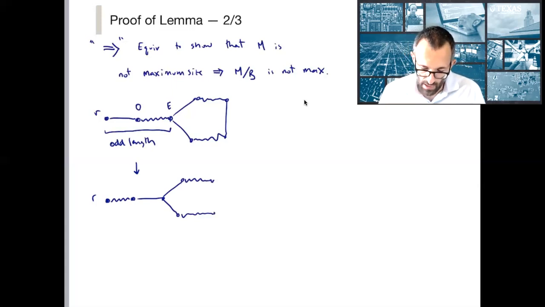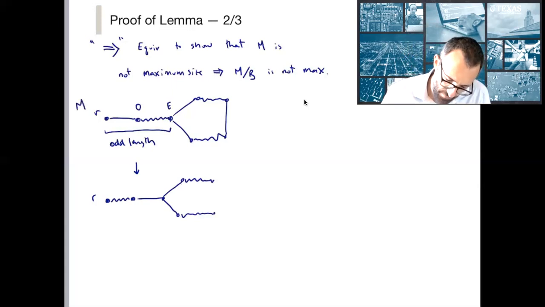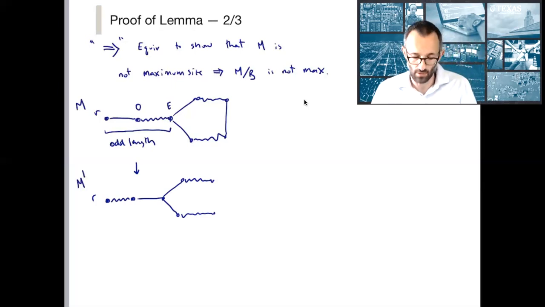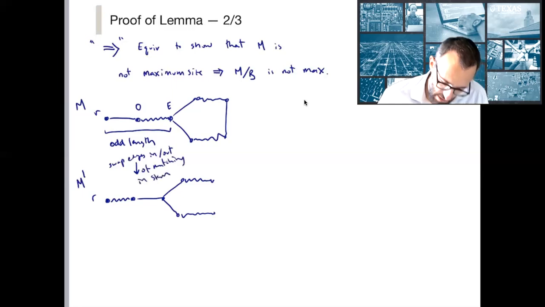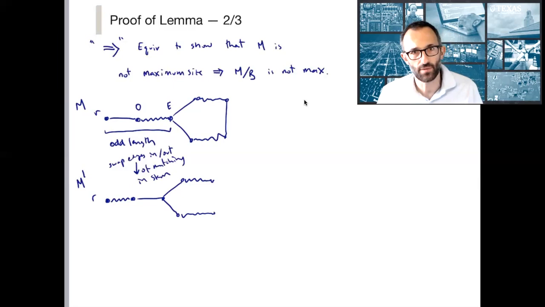So this is the picture in M. I'm going to make a new matching, which I'll call M dash, that looks like this. I've just swapped the edges. So I'm going to swap edges in and out of the matching in the stem. And again, because the stem is odd length, this does not change the size of M dash.